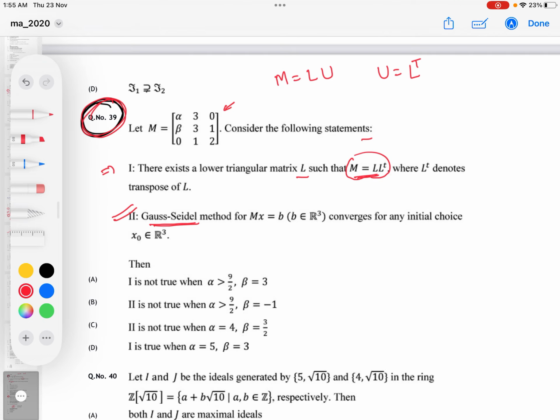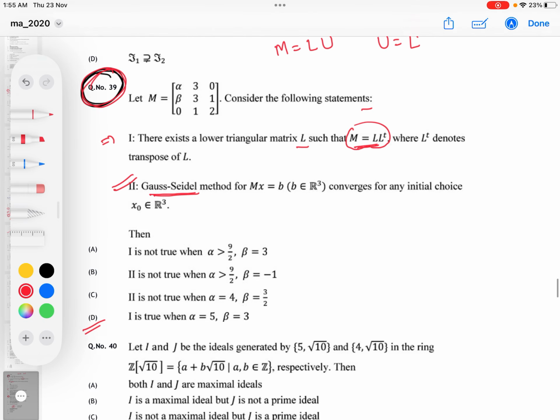Now if you look at the options, we are given these alpha and beta values. So let's pick option D. I know that this option is already correct, so that is why I am picking it.